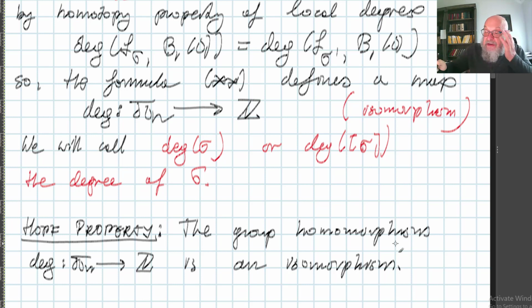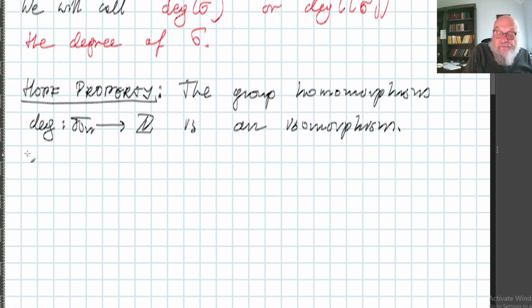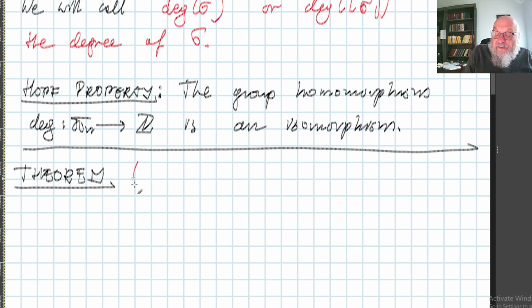So we have the degree. Maybe just for the completeness of the presentation, let's write a couple of basic properties of this degree. So put it like this: theorem, and we'll call it properties of deg, of this function deg that we are talking about here.